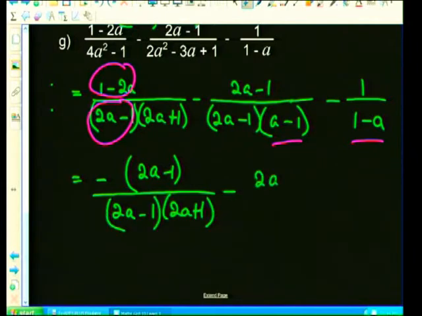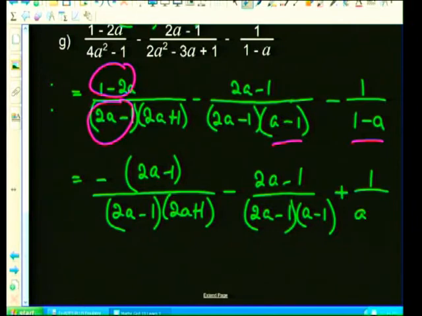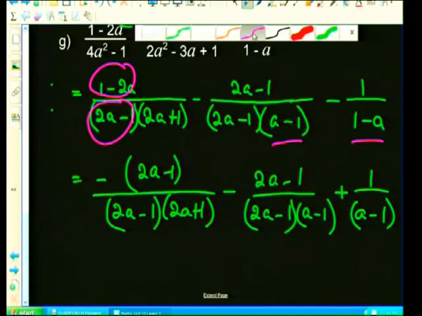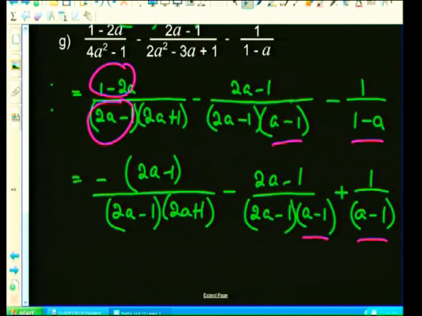Here, nothing can help me, so I'm just going to have to carry on as is. But in my last term, if I make it positive outside, I can switch around inside. And have a look. That really helps us because that bracket and that bracket, as factors, are exactly the same.